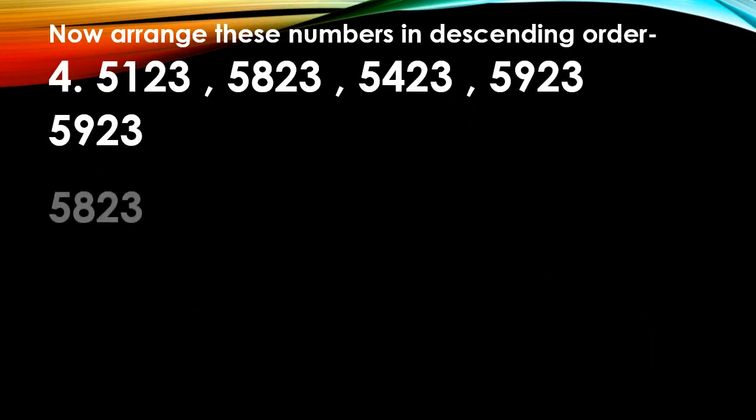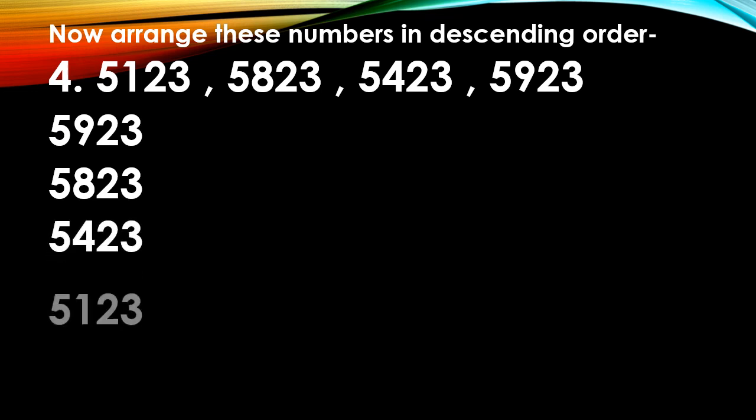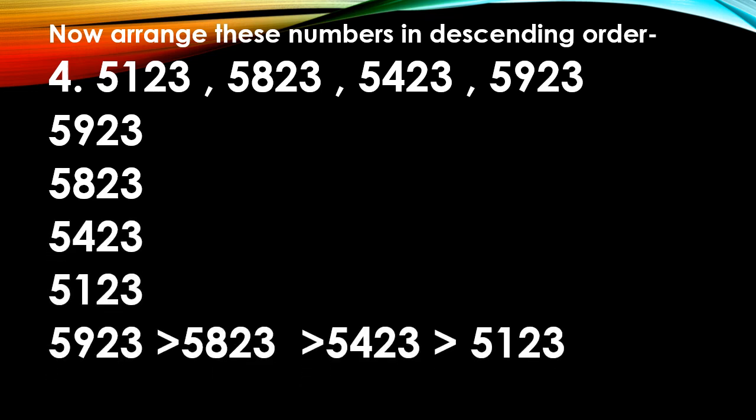Let us arrange these given numbers in descending order, that is, from the greatest to the smallest number. The numbers are 5123, 5823, 5423 and 5923.